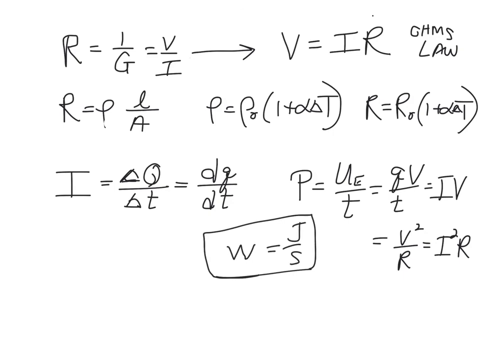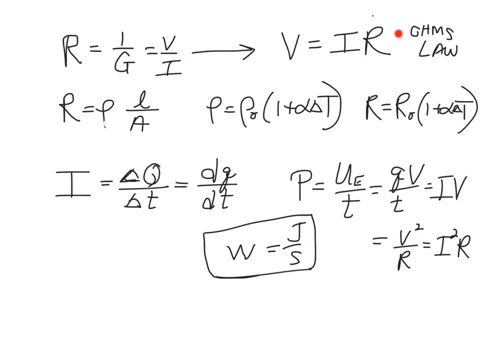So when we define power, you look at the energy, the electrical energy per unit time. And the energy, remember, is always the charge times the voltage. That's how we found the energy on a capacitor. And so if we take the energy and divide it by time, we have Q over T, which is current. So the basic power equation is current times voltage.